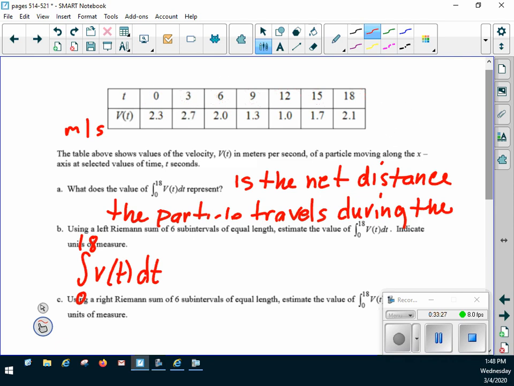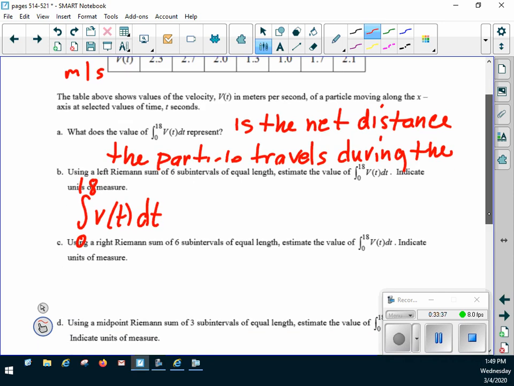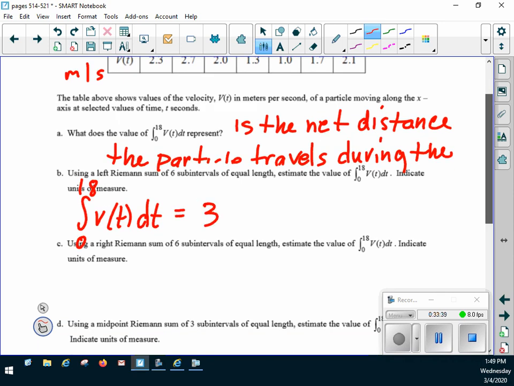Our first subinterval is going to go from t equals what to what? T equals 0 to 3. Are all of our subintervals the same width? Yay. So I can pull that out, right? Times the heights.